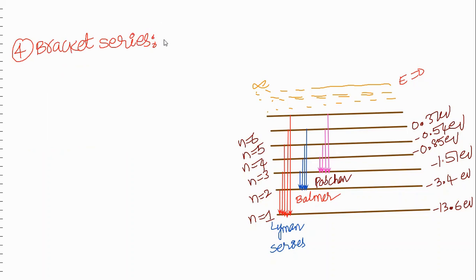For the Brackett series, the transitions are as follows. If the electron goes from the 5th to 4th, 6th to 4th, 7th to 4th, like that, these transitions are called the Brackett series.